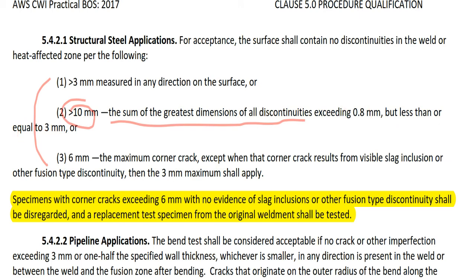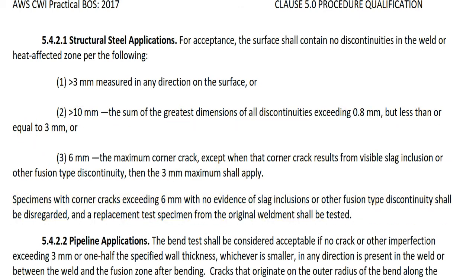And number 3, 6 millimeter. The maximum corner crack is 6 millimeter, and corner crack resulting from visible slag inclusion or other fusion type discontinuity.